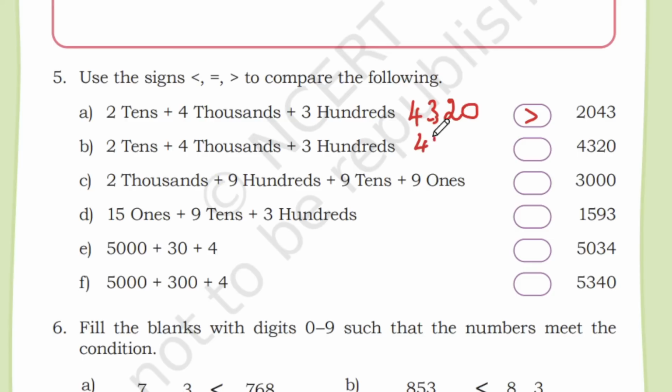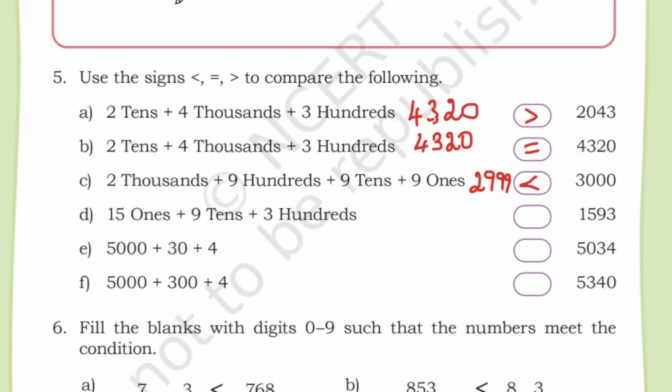Again 4,320. So here also we have 4,320. It's an equal sign. So next you have 2,910 and ones. So this is like 2,999. So which is greater? Obviously 3,000 is greater.